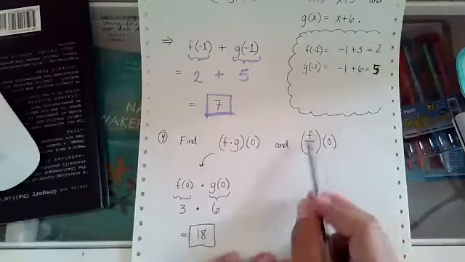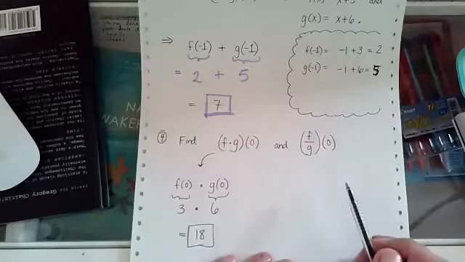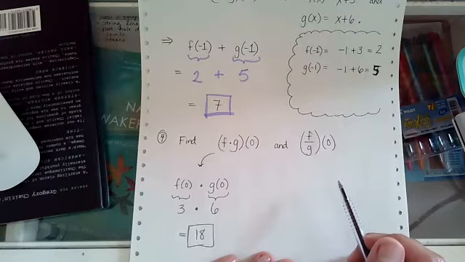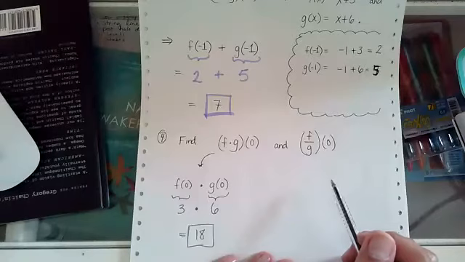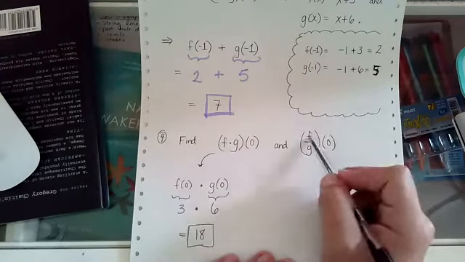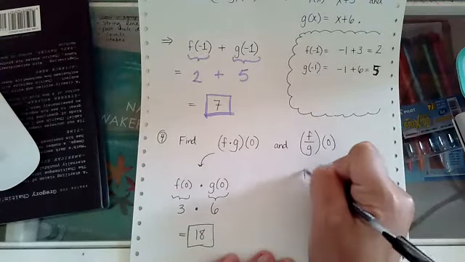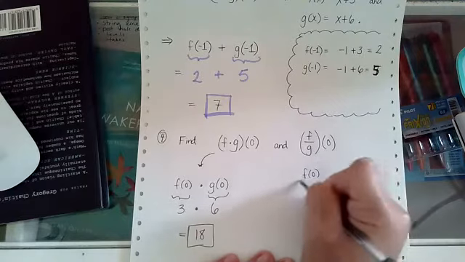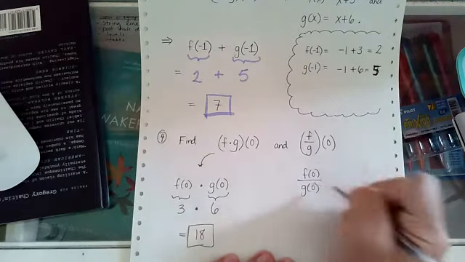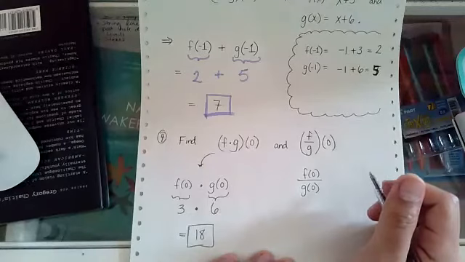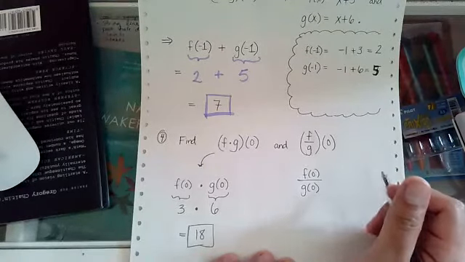And what about the second one? Well, we should be getting f evaluated at 0 over g evaluated at 0. So I just heard somebody say something. Is it 0? Well, let's take a look, right?